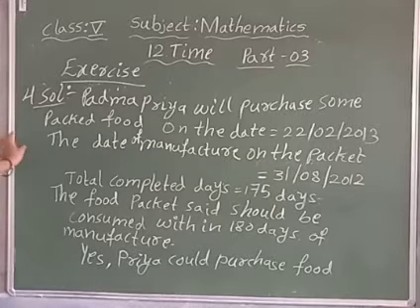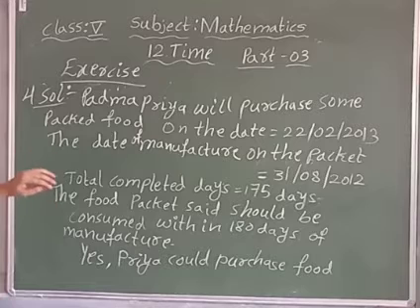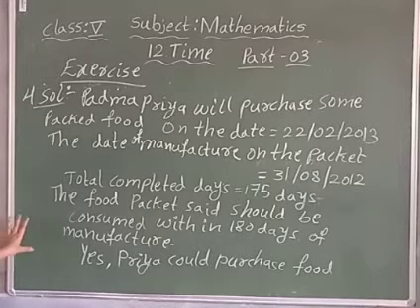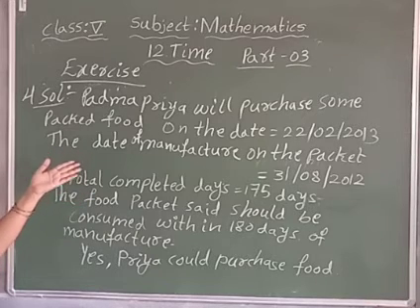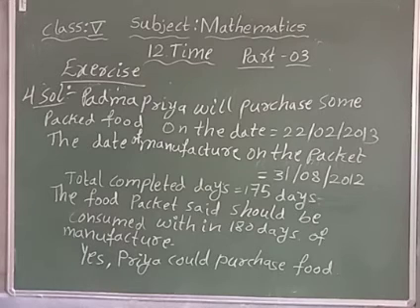So Padma Priya will purchase some packet food on the date. So which date is there? Purchased on 22/2/2013. So in that packet, 180 days only are allowed from the manufacture date. So that means 175 days only. So Padma Priya could purchase the food. So right, all of you. So the next problem, or in the next class, I will explain, children. Okay, bye all of you.